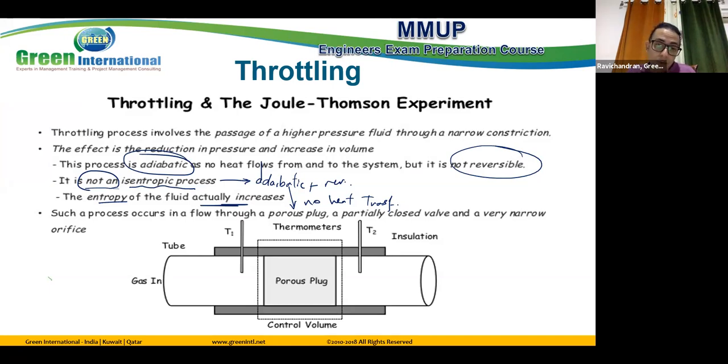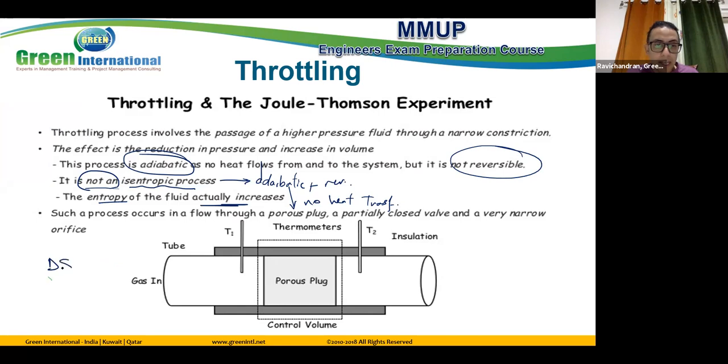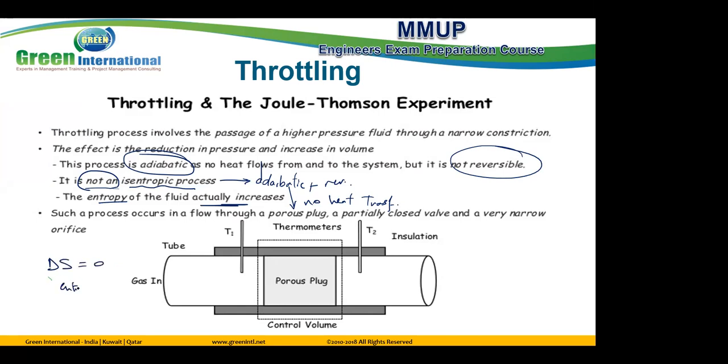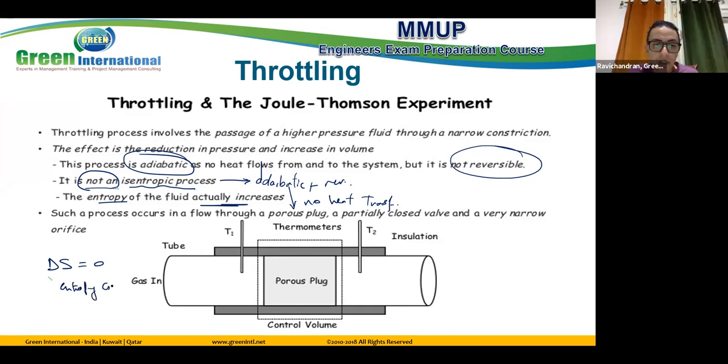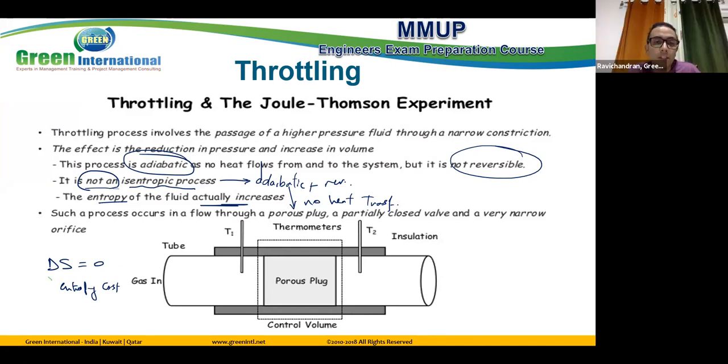Actually this process is adiabatic but not reversible, so totally it is not isentropic. But what else defines isentropic? Isentropic means delta S equals 0, entropy constant. It means entropy for state 1 is the same as entropy for state 2, there is no change in entropy. Actually that does not happen, entropy increases. So delta S is not equal to 0, so it is not isentropic. Okay.